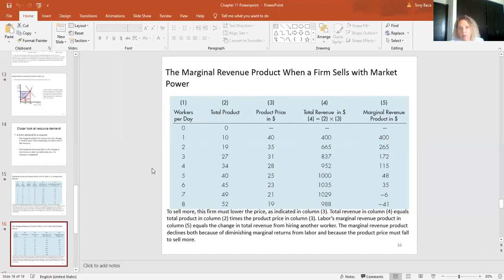In the case of a firm with market power, which is what we're looking at here, they're not going to employ as much of a resource. It means they're probably not going to make as much product, okay? And they're going to sell it at a higher price, and that's not good for us as consumers, right?